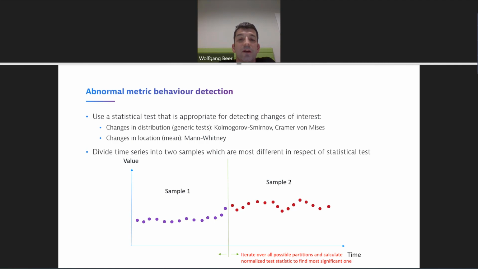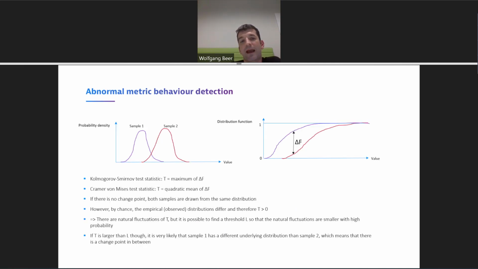And Davis automatically moves that line and iterates through every minute. So imagine Davis doing that for all the 1,000 metrics on all the problem-affected components in real time. And what we try to find is if there is a delta between the distributions.